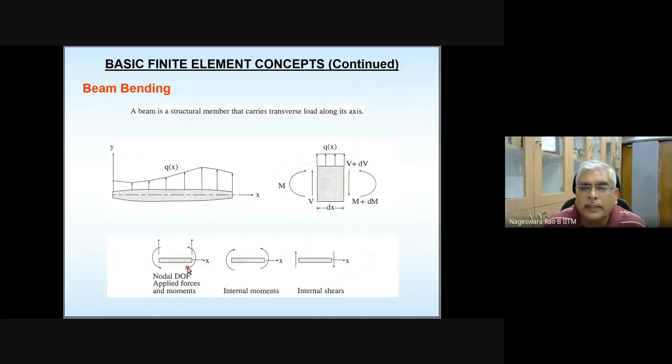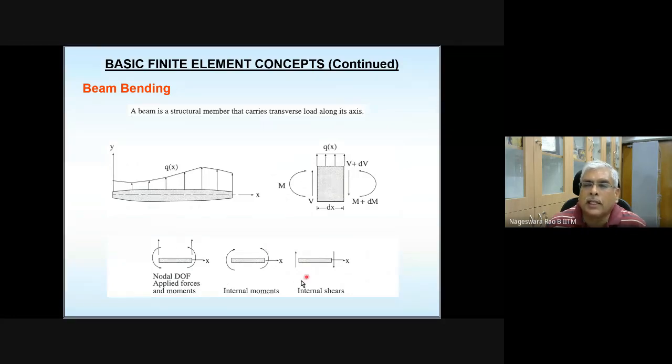Now, because we need to write a relationship between internal moments, internal forces, and applied forces and moments: the sign convention for internal moments is that at the left end, moment should be clockwise. At the right end, moment should be anti-clockwise or counterclockwise.